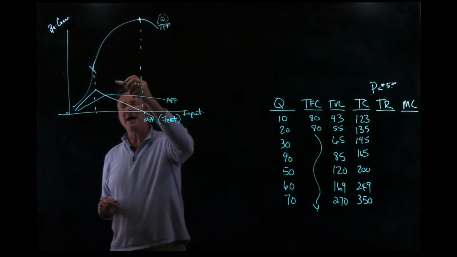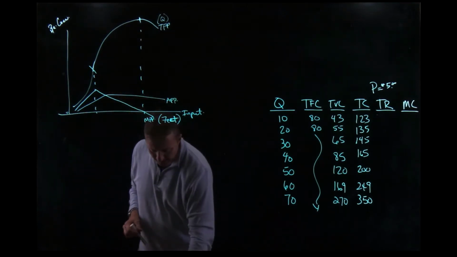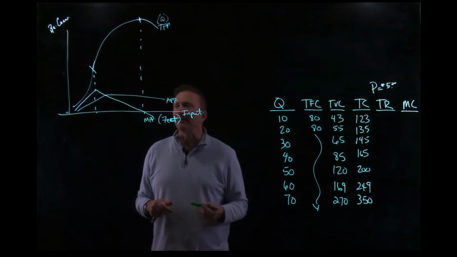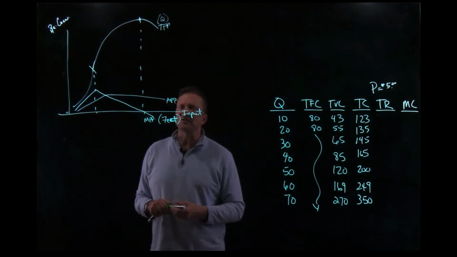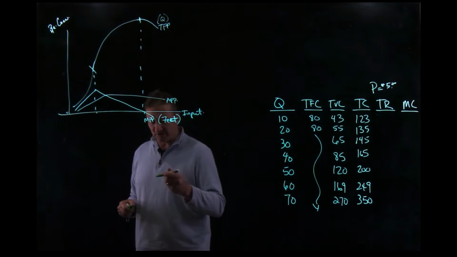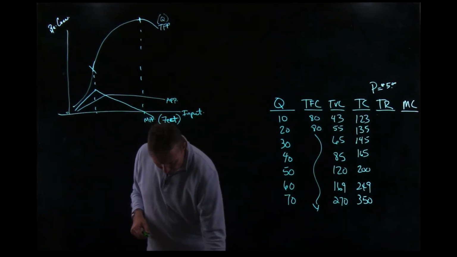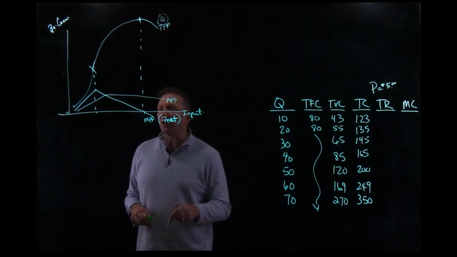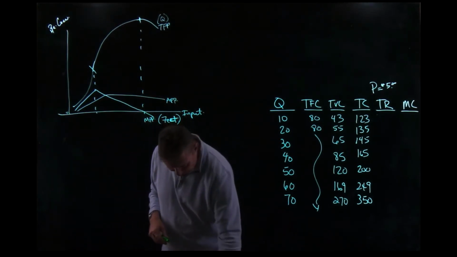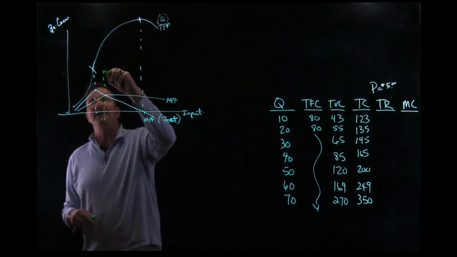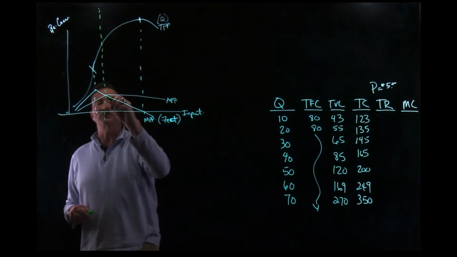Well, in our last class period, in that last section that we talked about, we said that when average physical product and marginal physical product meet in our curve, we end up with a new intersection right here.